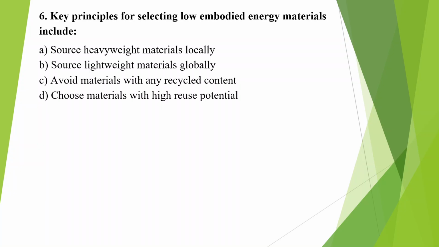But these lightweight materials, they can be sourced globally, and reuse and recycling potential reduces waste and future embodied energy. That's why we should promote reuse or recycled materials. That's why option C is discarded, and option D is correct because it is talking about the reuse potential.